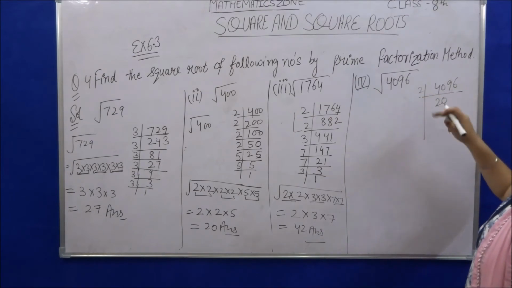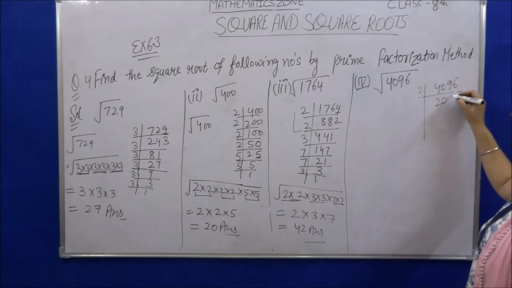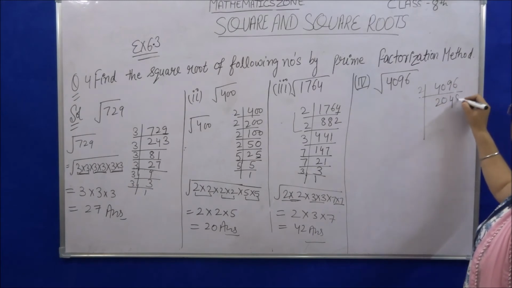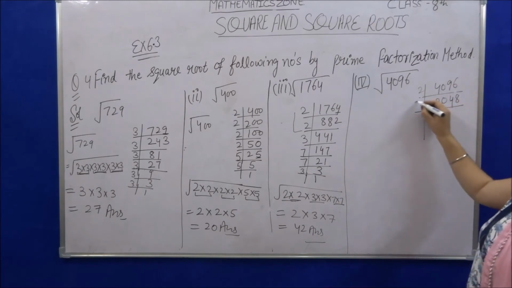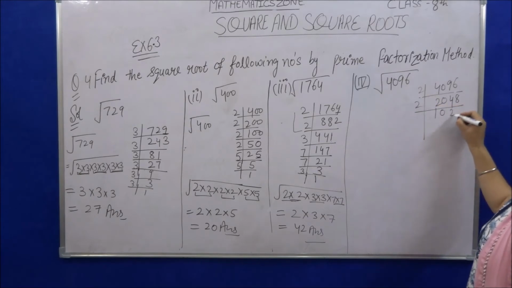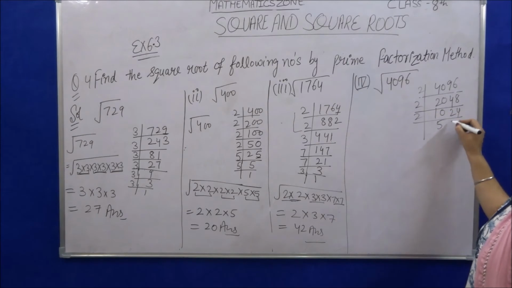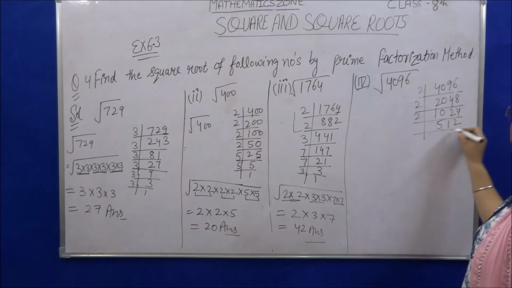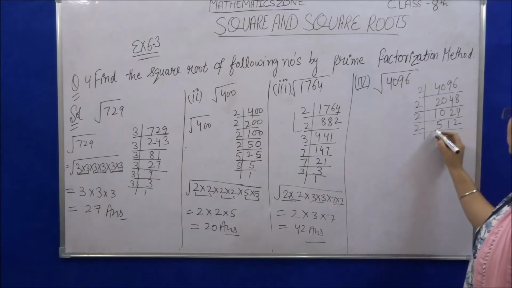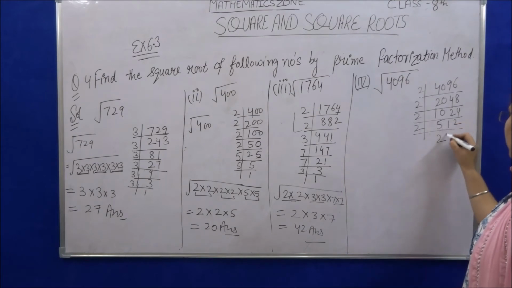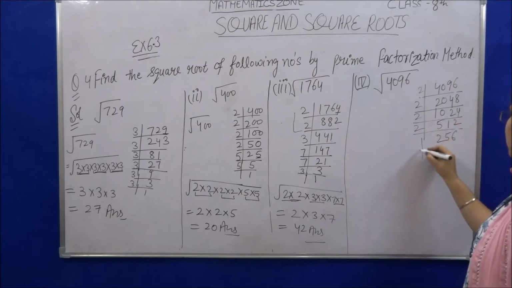So we will take 2, 2 2s are 4, 2 4s are 8, 2 8s are 16, 2 1s are 2, 2 2s are 4, 2 4s are 8, 2 5s are 10, 2 1s are 2, 2 2s are 4. Again 2, so 2 2s are 4, 5 2s are 10, 6.